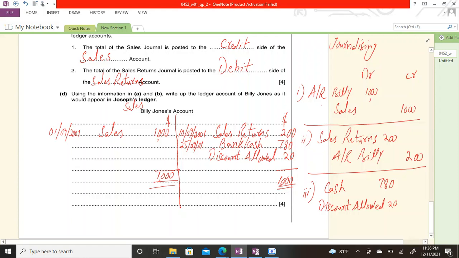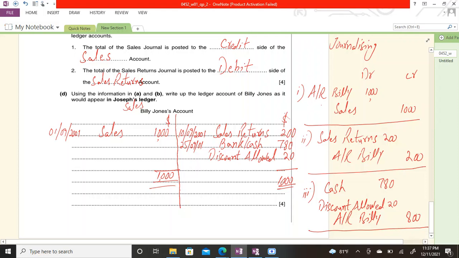So you can see that in the ledger, account receivable Billy is debit. That's why I have recorded this on the debit side 1000, and the reason here in the T account is sales. Then in the second transaction, sales returns is debit and account receivable Billy is credit, so account receivable Billy is credit by 200. I have recorded this on the credit side.